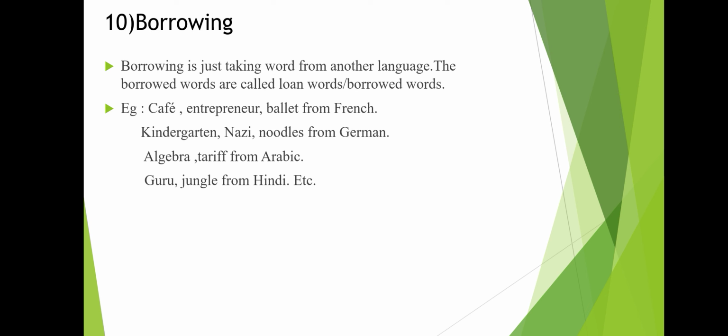Then kindergarten, Nazi, noodles are borrowed from German. They are loan words from German. Then algebra, tariff are from Arabic. They are the borrowed words from Arabic. Then guru, jungle are the words borrowed from our national language, Hindi. So that is all about borrowing.